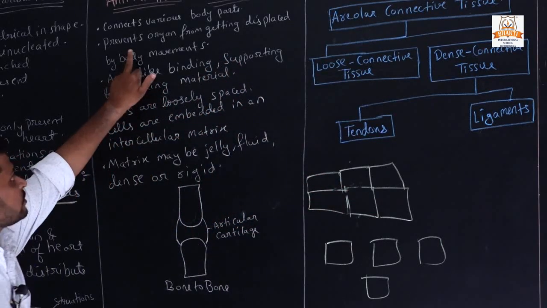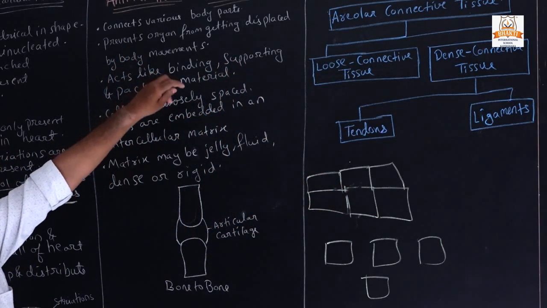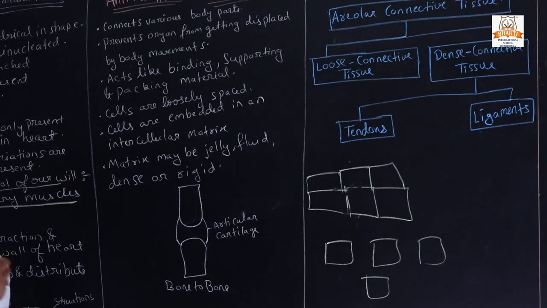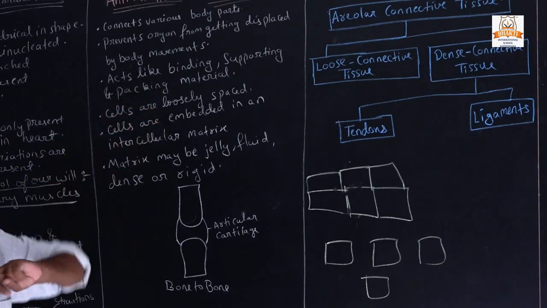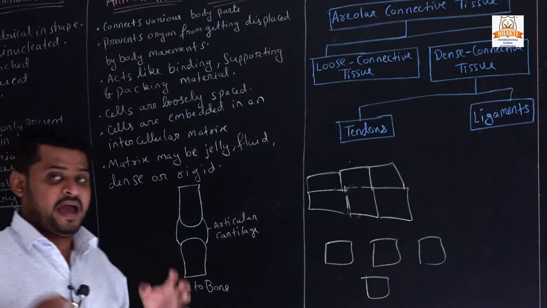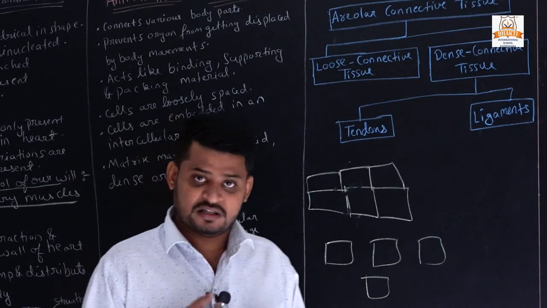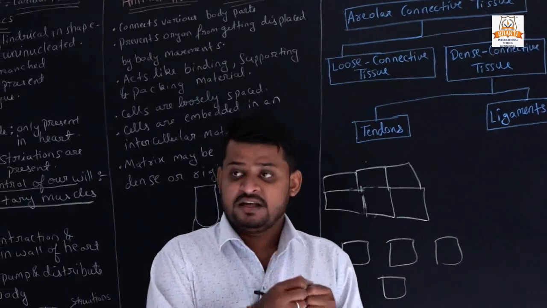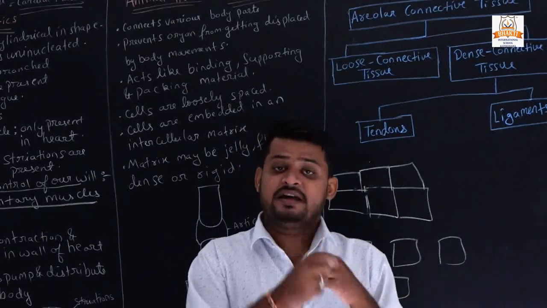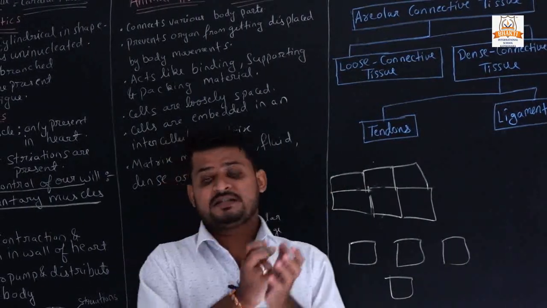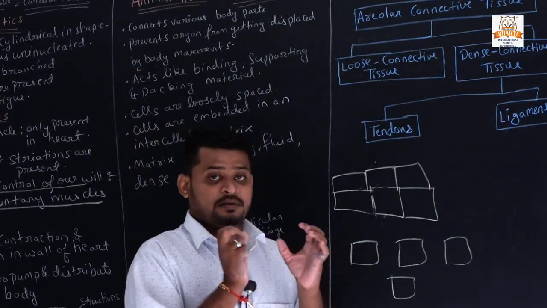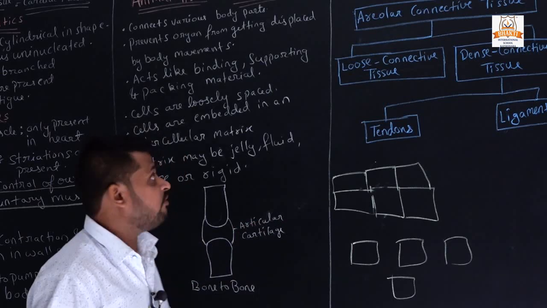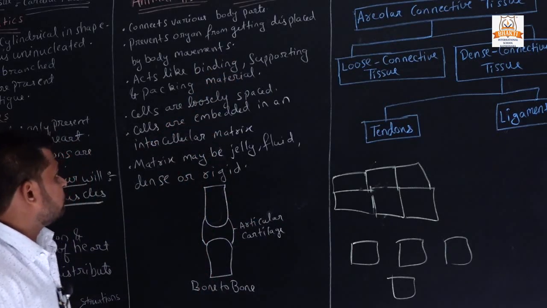So it will prevent the organs from getting displaced by body movements, acting like binding, supporting and packaging material. I told you it will pack the skeleton by muscles and pack the muscles by skin. So all these binding, supporting and packing functions happen with the help of connective tissue.